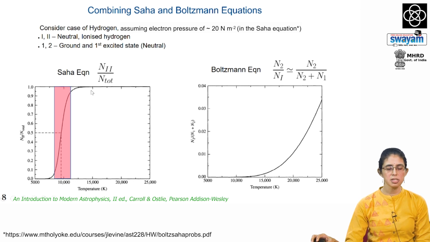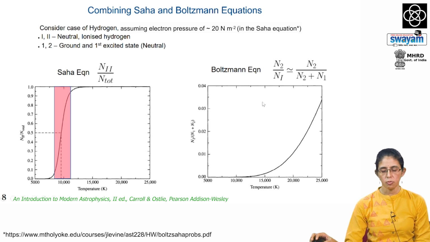In fact, one sees that there is a sharp transition between 8000 and roughly 12,000 Kelvin. That is, below 8000 Kelvin, most of the atoms are in the neutral state, and the dominant contribution is by ionized hydrogen atoms above 12,000 Kelvin.